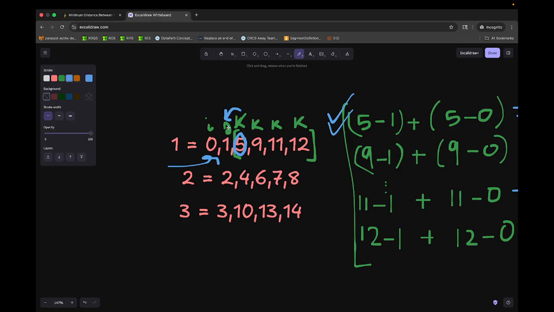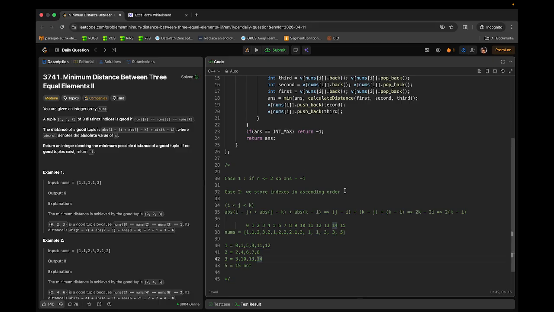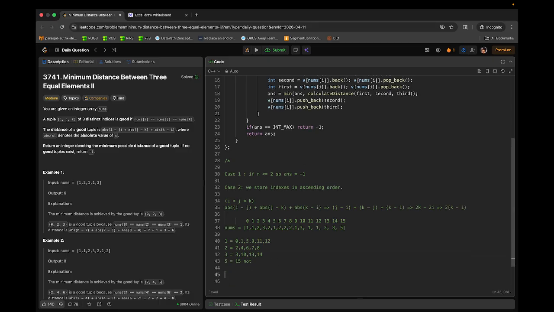So it's beneficial that if we have picked i and j, the next k index should always be just after j. Case 3: if we have decided i and j as indexes, then k should always be j plus 1, always the next.